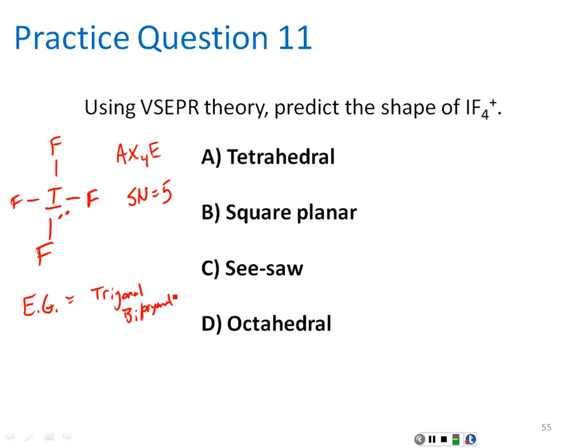And now, if we want to talk about molecular geometry, what would that be? Well, let's try to draw this in 3 dimensions. I'm going to draw the lone pair over here.